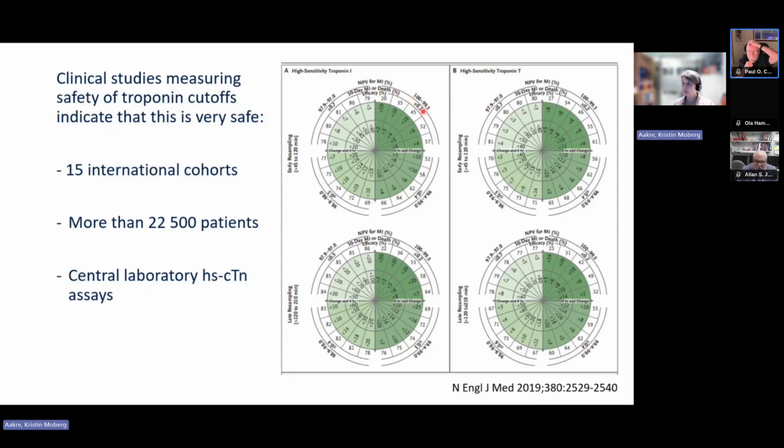So for these delta values and baseline cutoffs here, there is a less than 0.2% chance of myocardial infarction or death within 30 days for those patients who have been evaluated. The negative predictive value is very high, and the efficacy is a little bit variable depending on the cutoffs used. But that was just an example for troponin I assays. They're similar for troponin T. And as you can see, this is very, very safe.